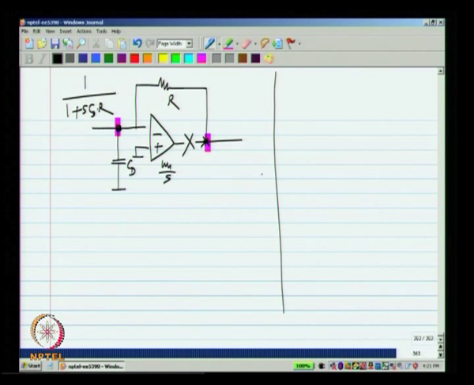And let me plot the two magnitudes separately. Let me plot this 1 by 1 plus s C_D R. Magnitude response looks something like that, where this is 1 over C_D times R. Okay. So, this is the Bode magnitude plot.